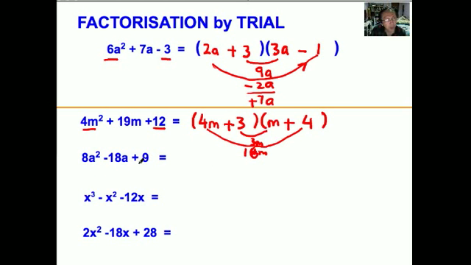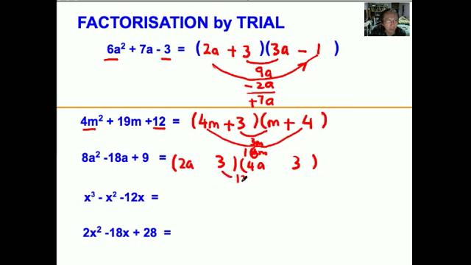In the next example, 8a squared has factors 2a and 4a. And for 9, it has factors 3 times 3. Again, we need to check the middle term before we can decide the sign.